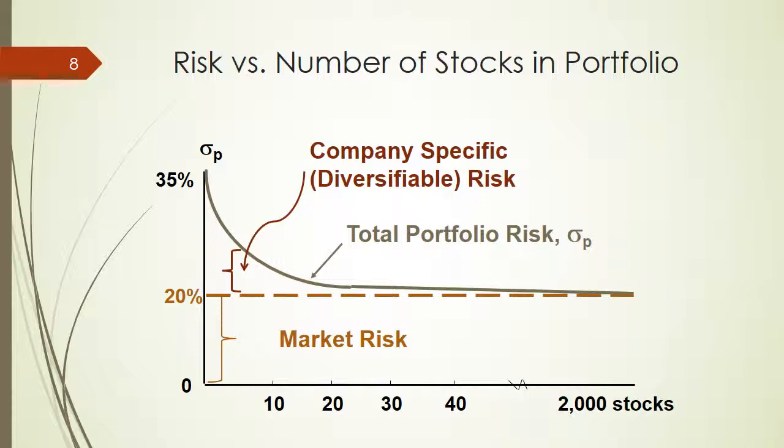However, we can't eliminate the market risk. We can see that with a good portfolio, when we include around 10 to 20 stocks, we can efficiently eliminate diversifiable risk.